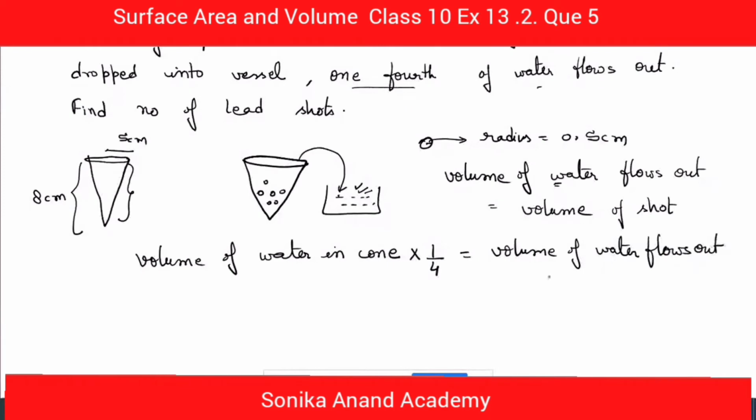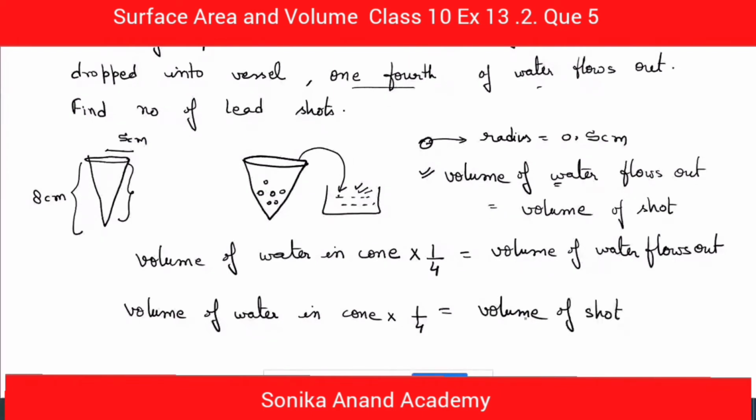So in this equation, volume of water in cone into 1 upon 4 is equal to volume of shots, that is volume of a sphere. So with this cone we use the formula 1 upon 3 pi r square h into 1 by 4, equal to number of shots n into 4 upon 3 pi r cube.